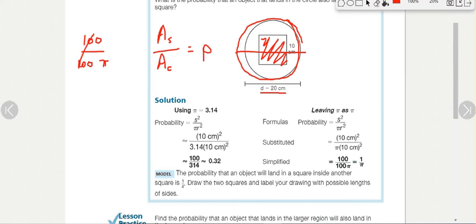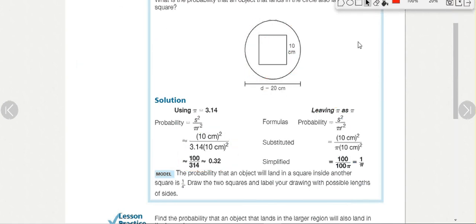These effectively will cancel. Otherwise, you can still show it like this. But really what we end up with is 1 over pi, right? That's the way I did it. Like they did it on the right side here, leaving pi as pi or solving in terms of pi. You end up with 1 over pi. And they don't even divide that out. So your answer is 1 over pi.